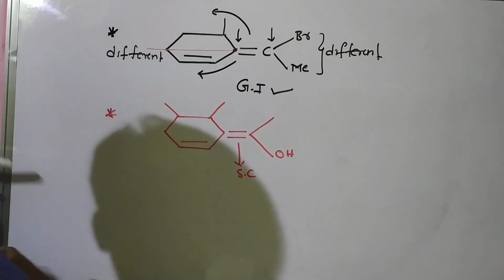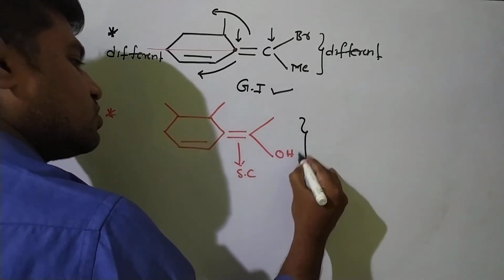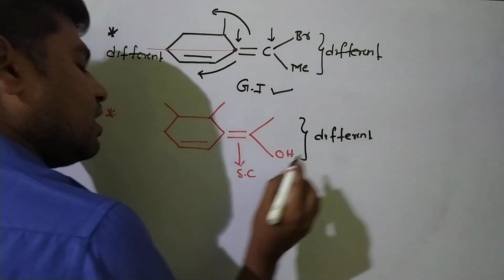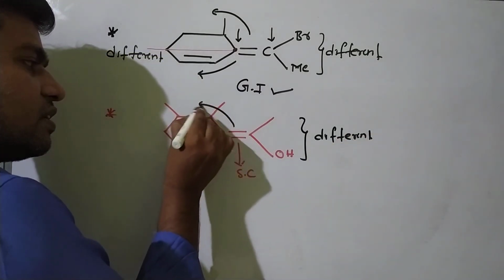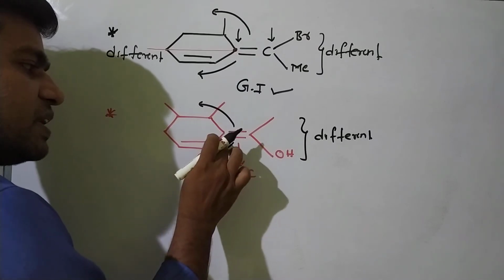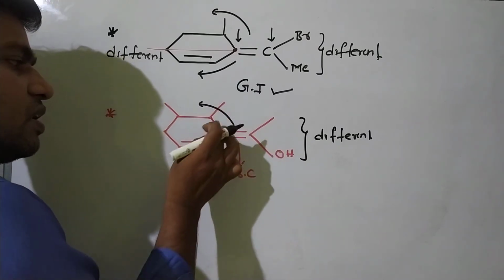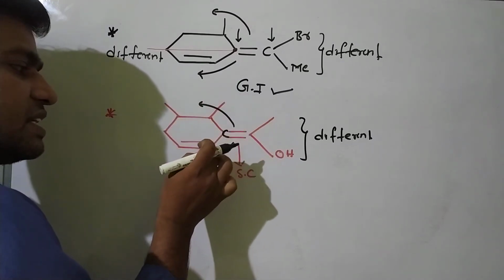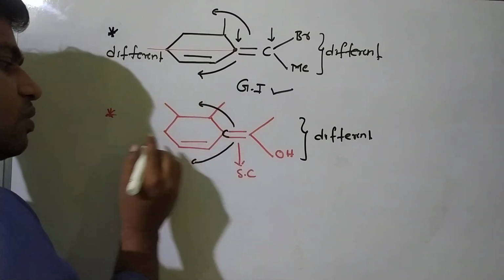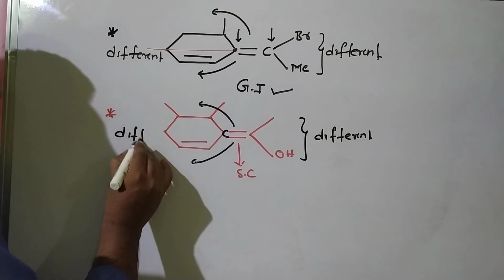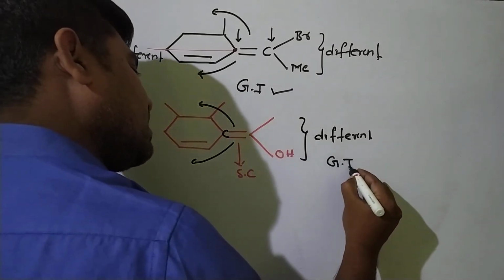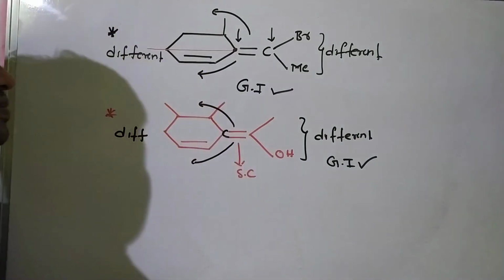And on either side, with respect to this carbon atom, on this side CH3, CH2, but on this side CH double bond. So on this side the groupings are different. With respect to this carbon, this will also exhibit geometrical isomerism.